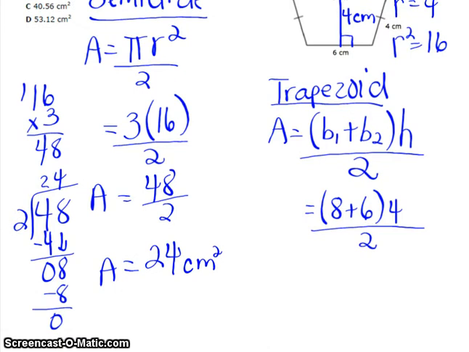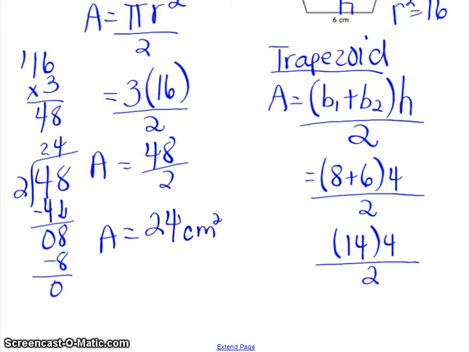So 8 plus 6 is 14. 14 times 4 divided by 2. And so now I have to do 14 times 4. 4 times 4 is 16. I'm going to carry my 1. 4 times 1 is 4, plus 1 is 5. And so it's 56 divided by 2.